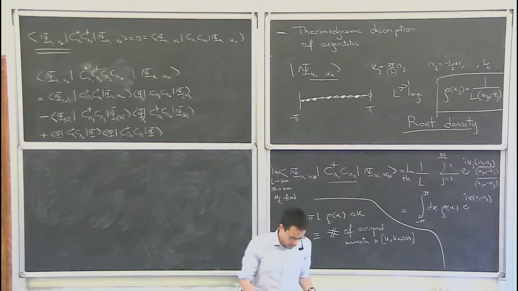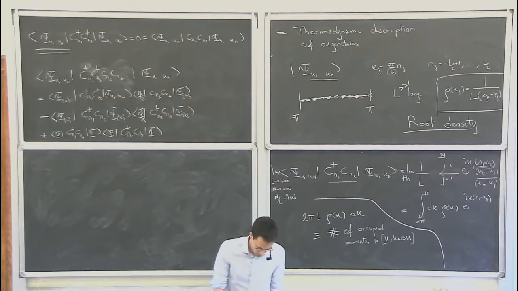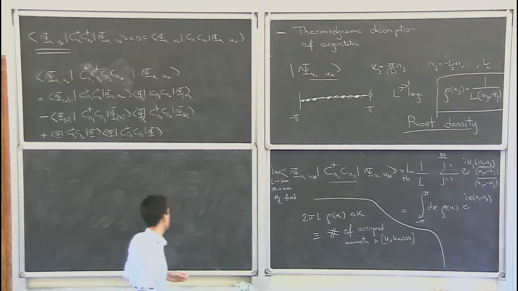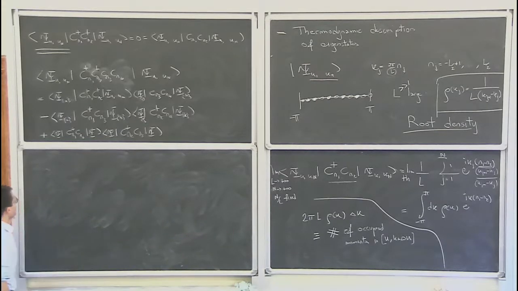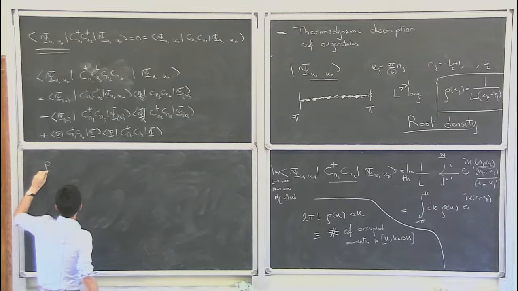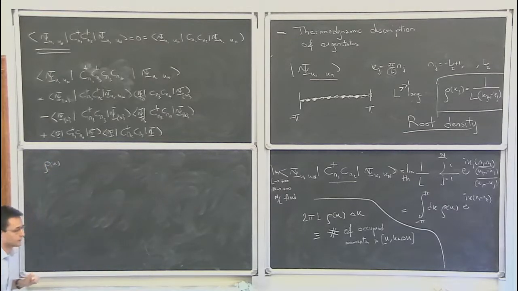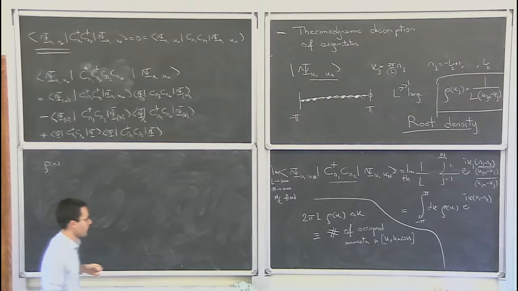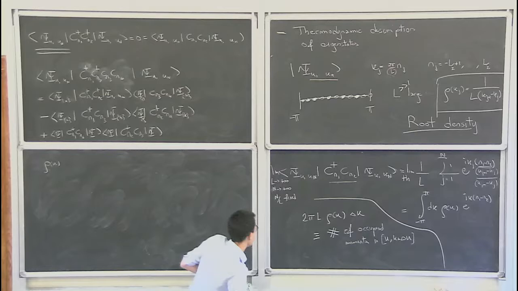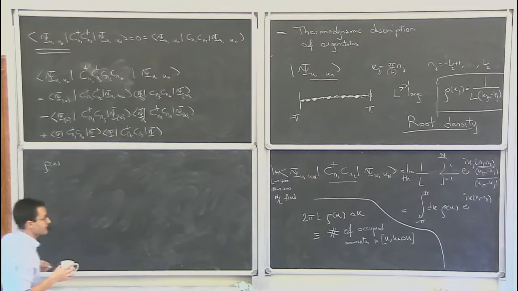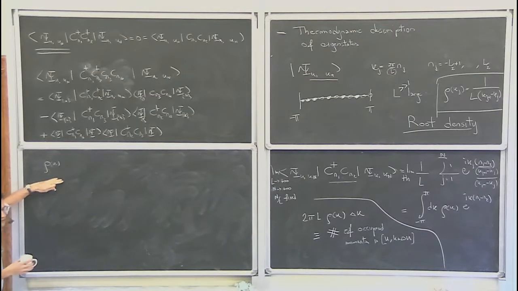Okay, so there are many comments one can make on this. First of all, note that if I give you a single root density, this corresponds to many, many possible eigenstates. So there are many eigenstates that produce the same root distribution, okay?